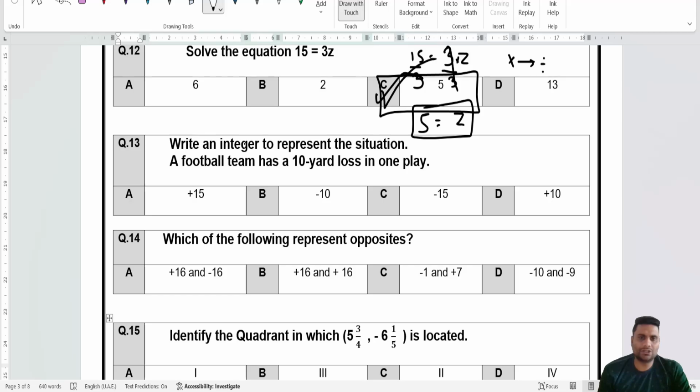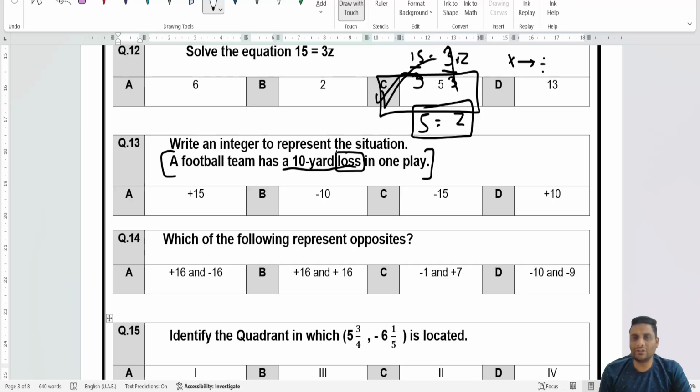Write an integer to represent the situation. A situation is given here, we have to read it and choose an integer for it. A football team has a 10-yard loss in one play. This word is very important here, loss.